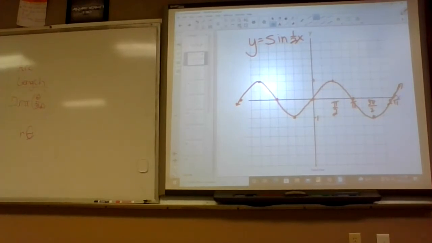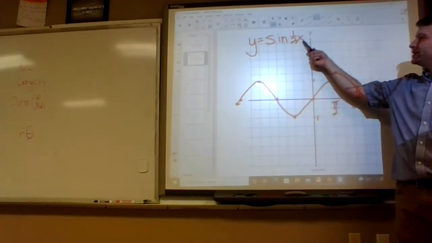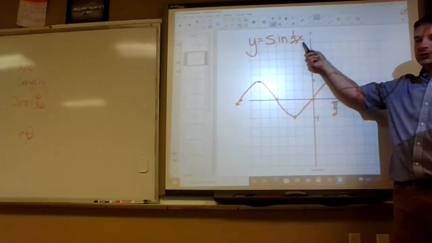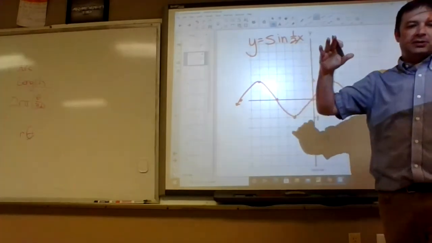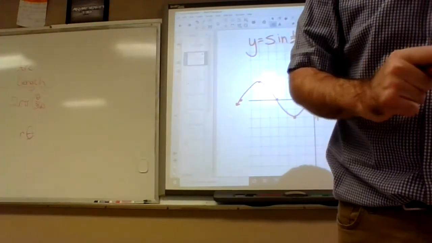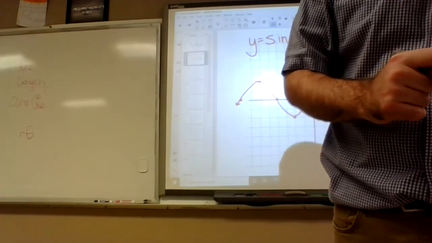So it made it 3 times as tall or a third as tall. On this one, the 1/2 is in front of the x. And so what it does is it squishes. Everything is happening twice as fast. Wait, no, it stretches.